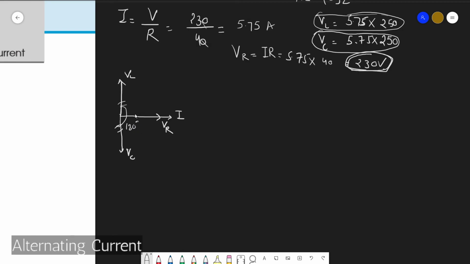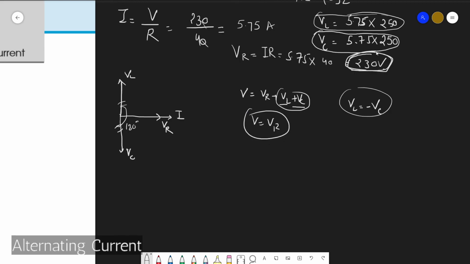So what is happening? This total voltage is not VR plus VL plus VC. This I have already told you. But this VL and VC are 180 degree out of phase. So this term will be VL is equal to minus of VC. If I take minus of VC, these will be superimposed on each other. However, this is VL equal to minus VC. So these two cancel, you get equal to VR.